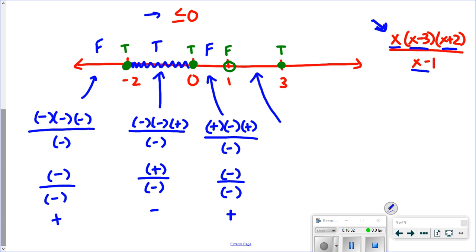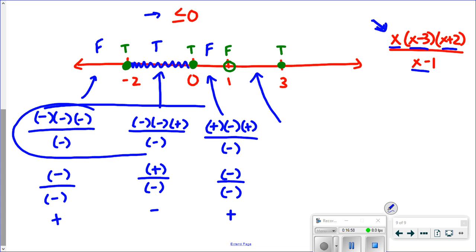Okay, and here. Now you'll get to the point where you won't have to really show all of this work. I like to see at least these first ones here, and then your true and false on your number line. But if you can do the rest of that part in your head, then that's fine.